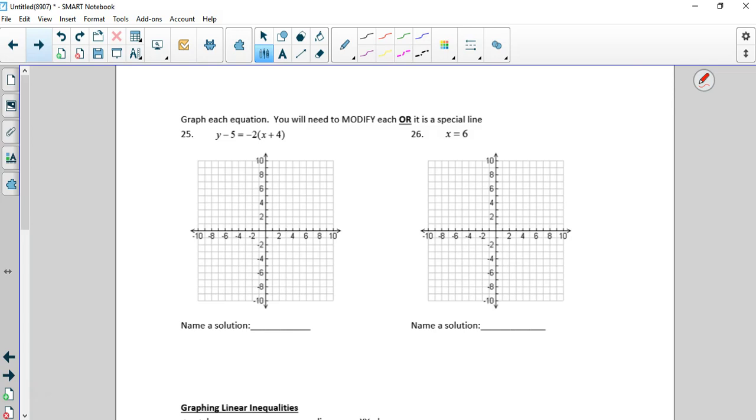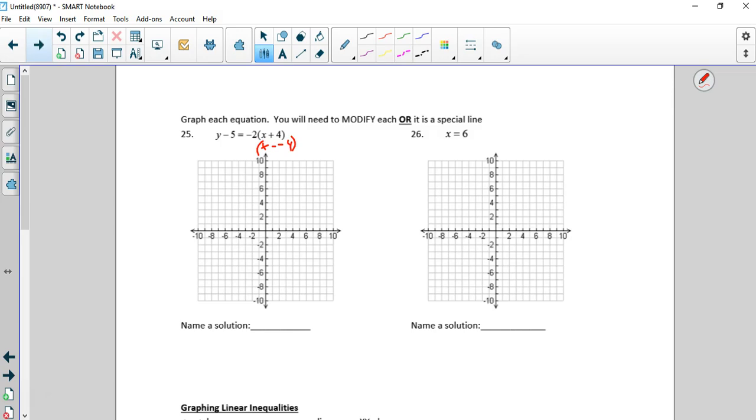25. Graph the equation. You will need to modify each or its special line. So in this one, this is in that point slope form. You got to think about it that this should be x minus negative 4 to tell you what the point is.